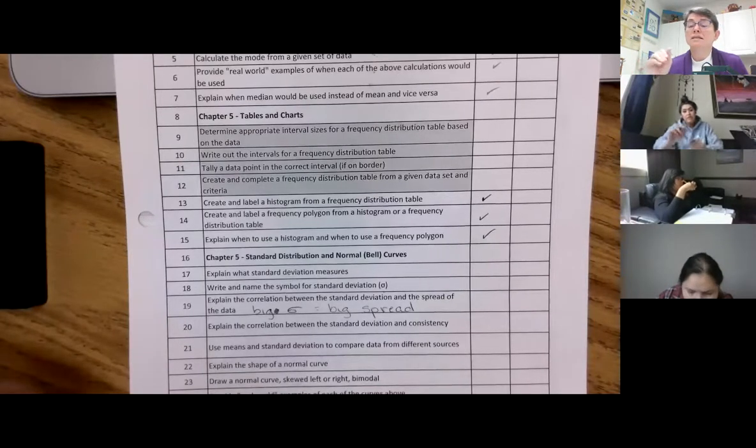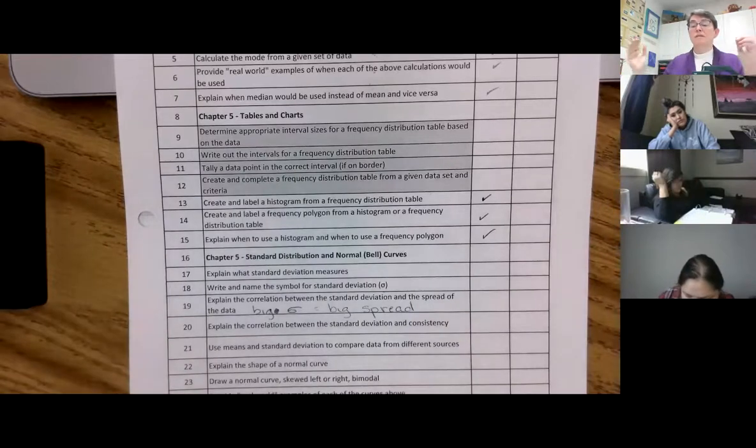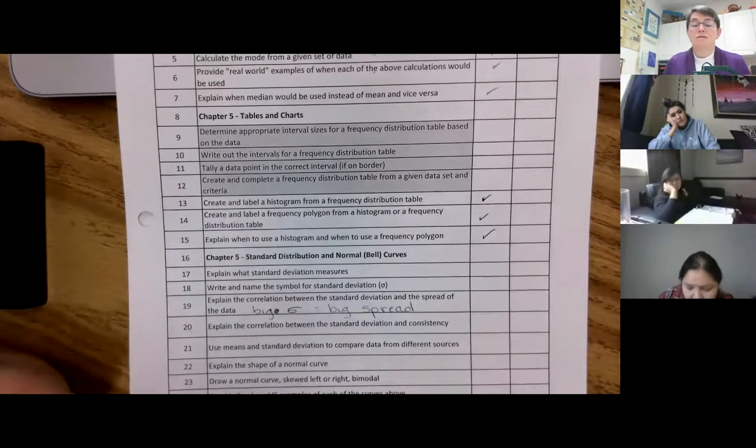Whereas if we looked at the standard deviation of this class, I don't even know who the youngest is, 19, 20, and then there's me on the other end, people in their 40s. It's gonna be way more spread out. So the standard deviation for our class would be bigger.